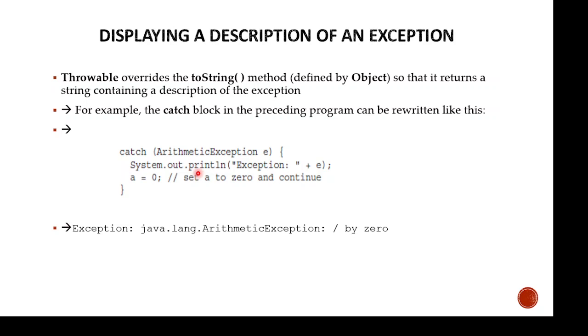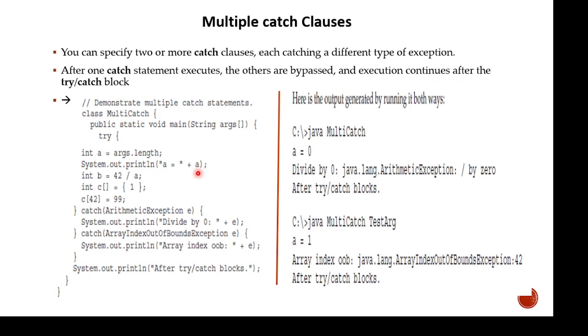Okay. So moving ahead, the next very important topic is multiple catch clauses. There might be a condition where we have multiple catch clauses, that is, n number of catch blocks. In some cases, more than one exception can be raised by a single piece of code.